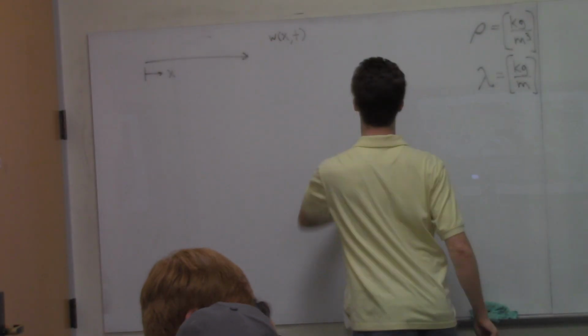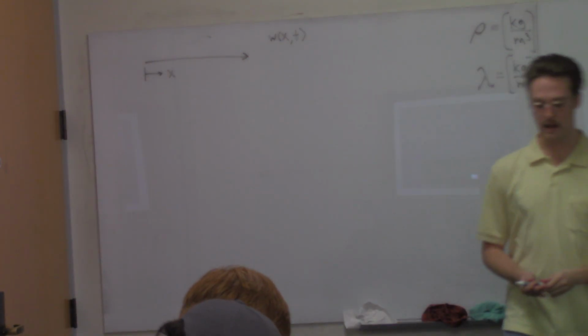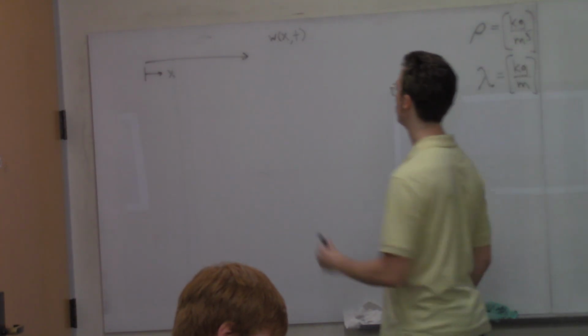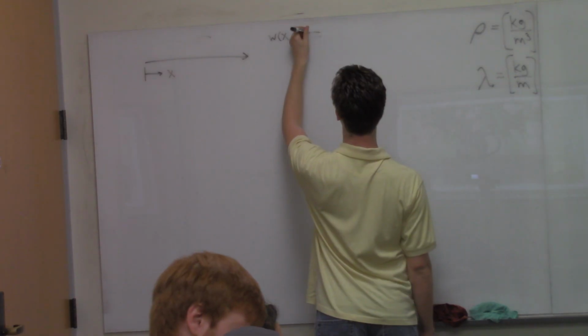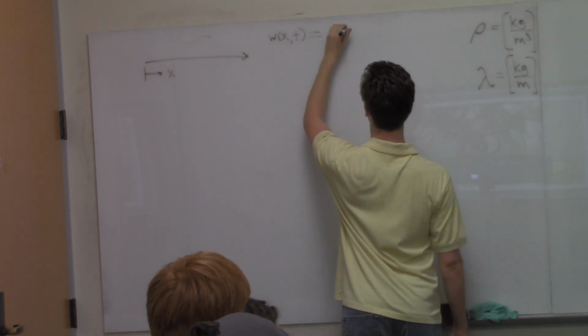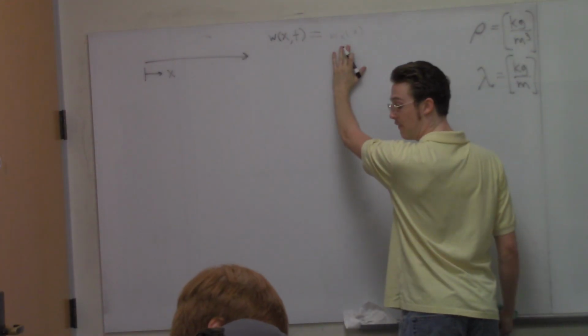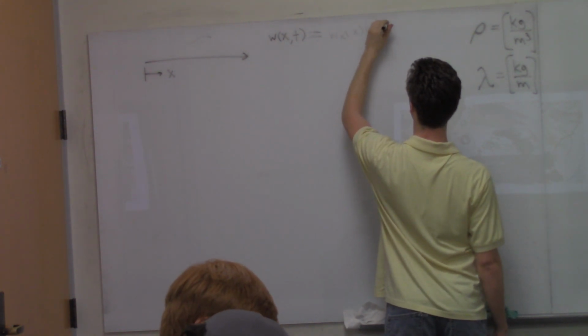It's the easiest way to solve a PDE, and thankfully, in our case, it is a very valid way to solve it as well. So we can declare that this W function is separable, meaning that we can express it as a product of a function only dependent on x and a function only dependent on t.